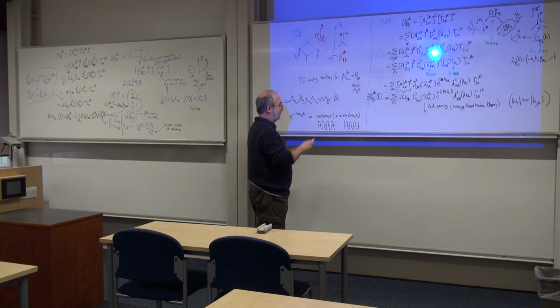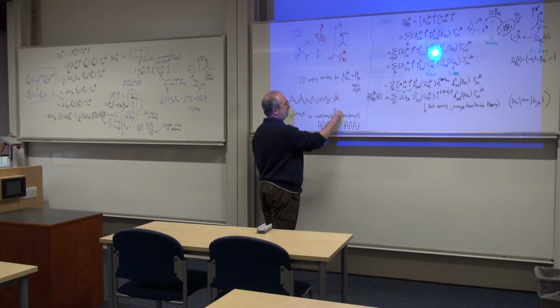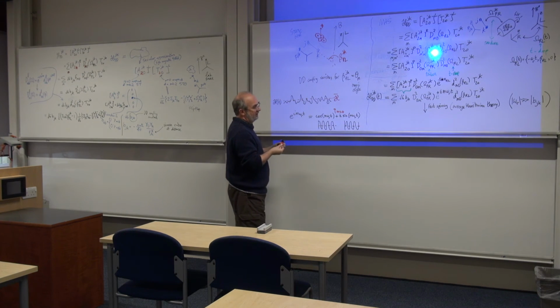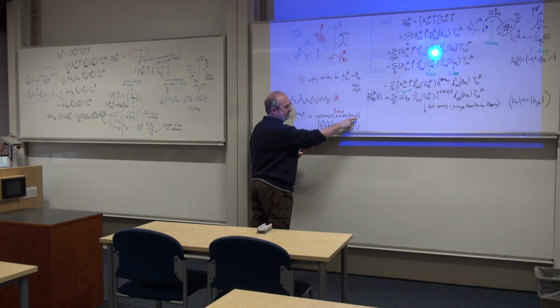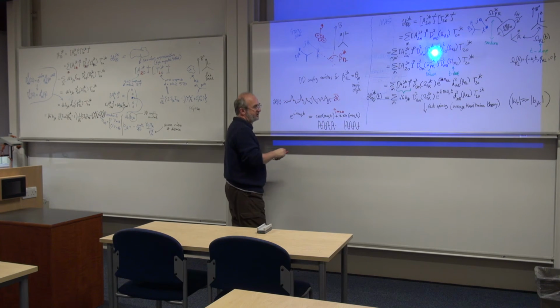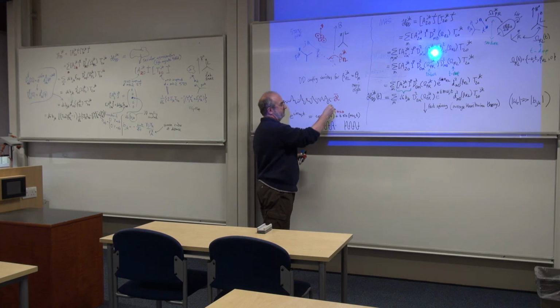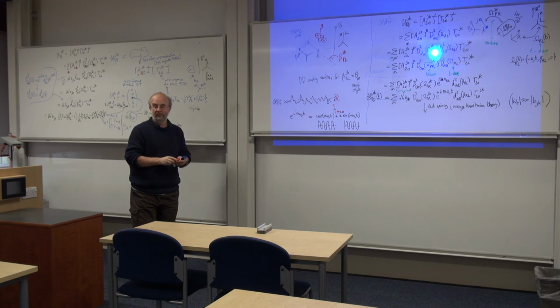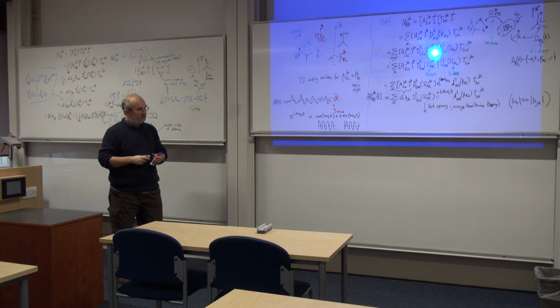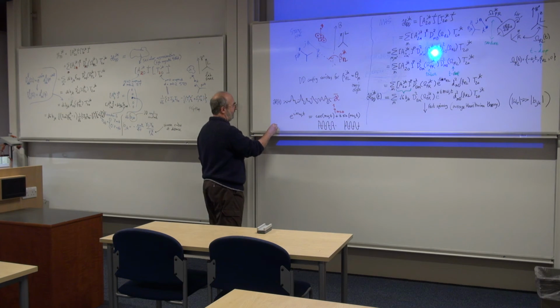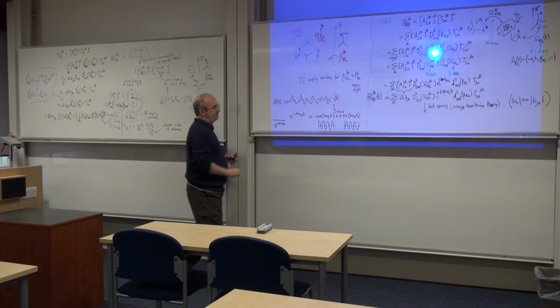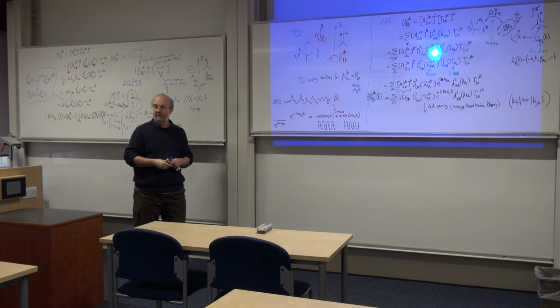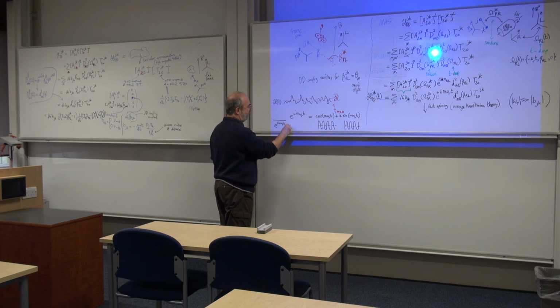Because if m is 0, then the sine vanishes, sine of 0 is 0, but you get cosine of 0, which is 1. So we could write e to the i m omega_R t averaged over time is delta_m0.